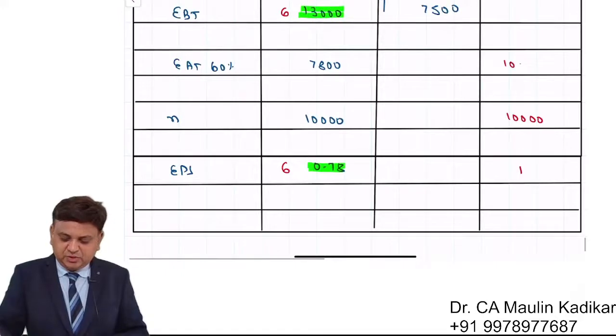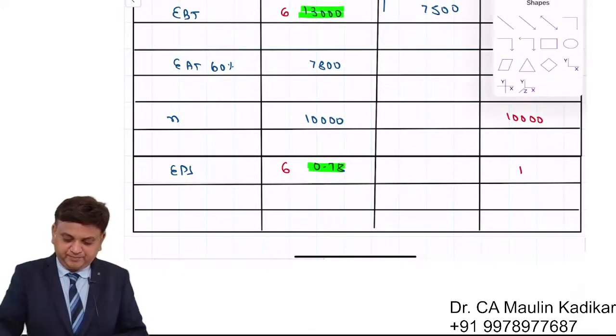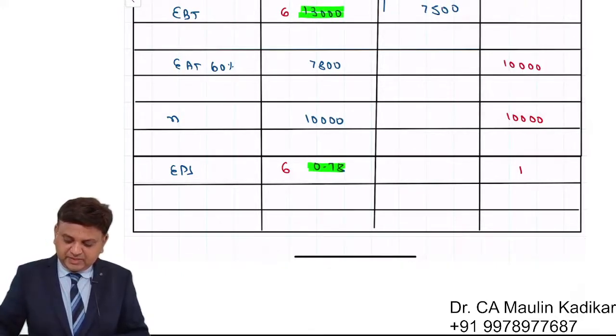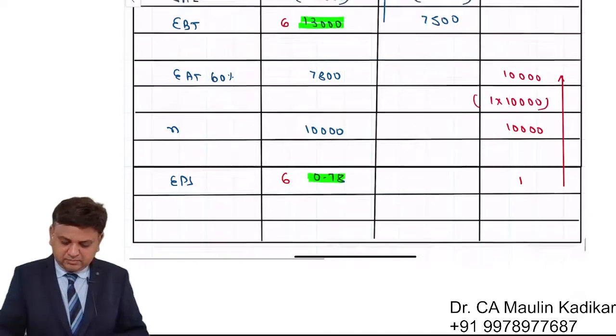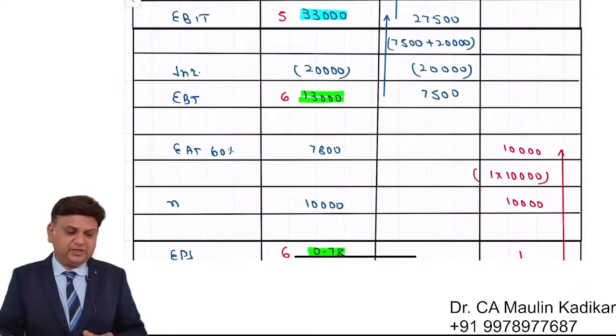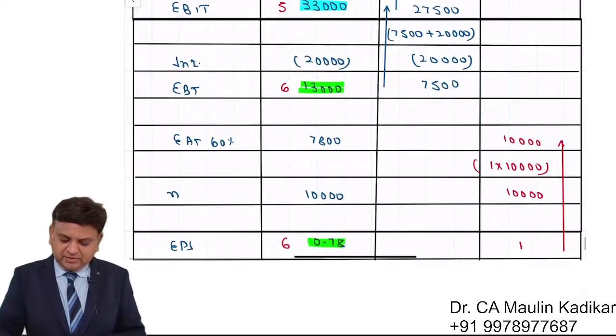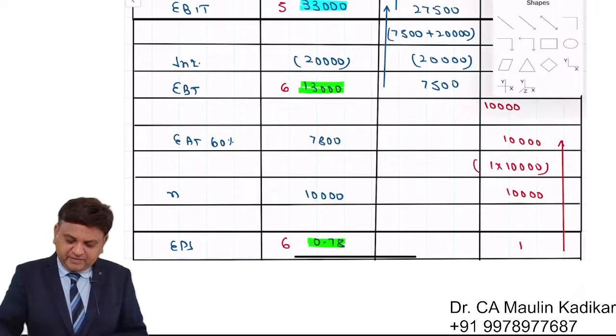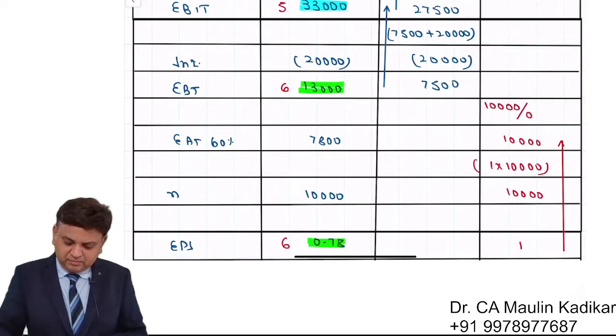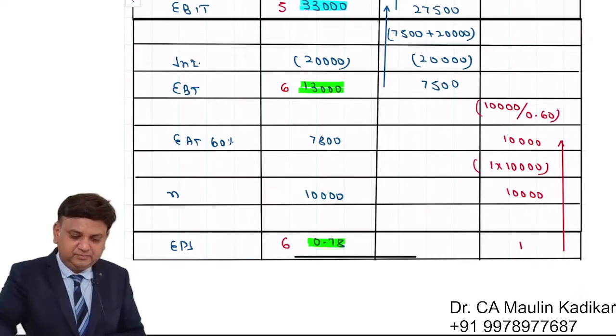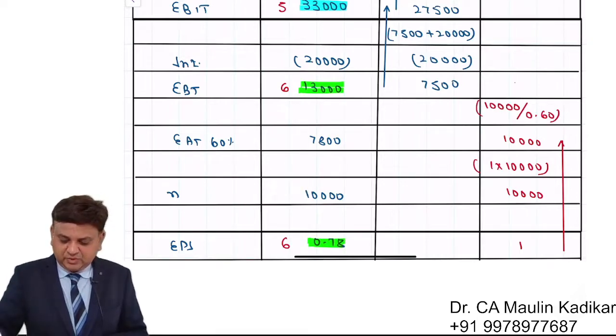So earning after taxes should be 10,000, found as a balancing figure, 1 into 10,000. Income tax rate is 40%. So earning before taxes is 10,000 divided by 1 minus 0.4, so 10,000 divided by 0.6. That comes to 16,667.